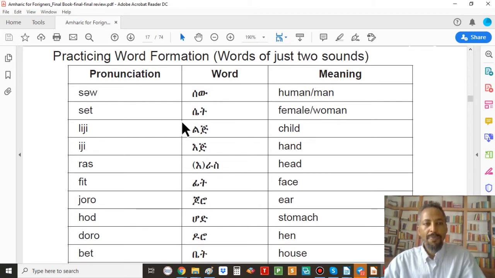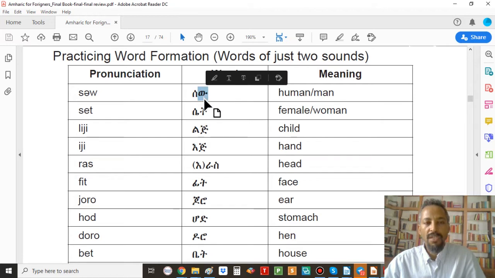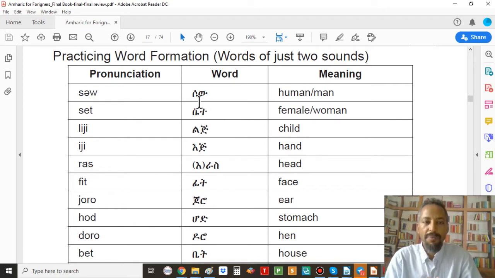The first one is so, sa, wu, which means human, person, or man. If you go to the sa in the alphabet, you will find it in the first column, that's the base letter. Then the wu you will find in the sixth order. Studying the alphabet is the key, as I said in my previous video.